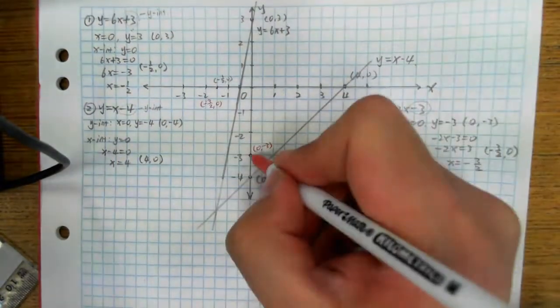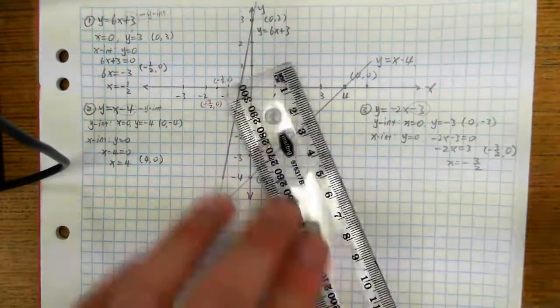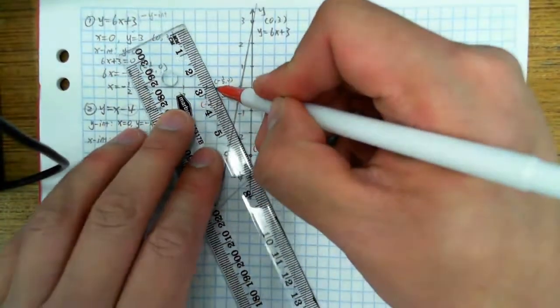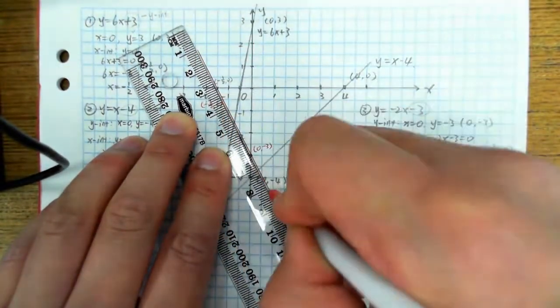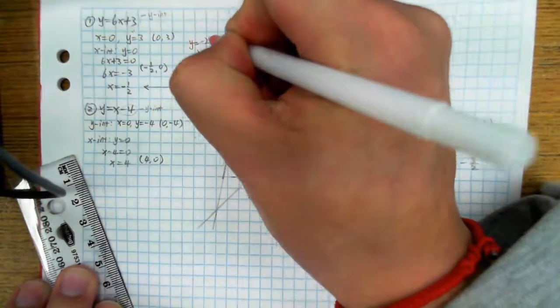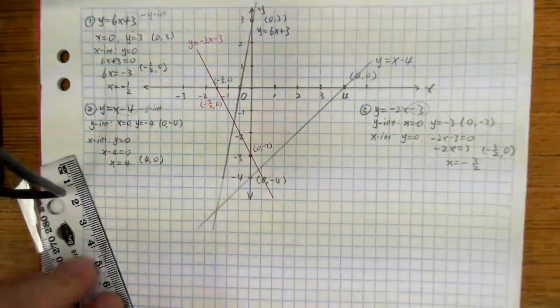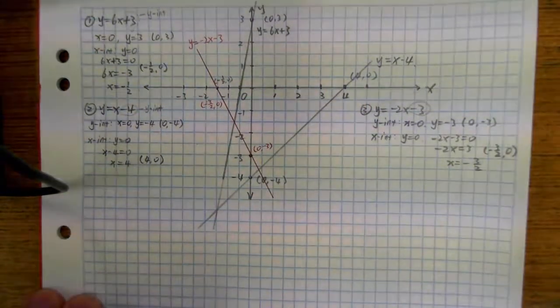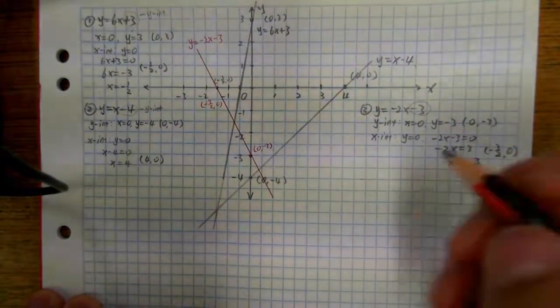Okay, and these 2 points, we connect them. So this line is y equals negative 2x take away 3. Okay, now the last one, this is the last chance you do the practice.